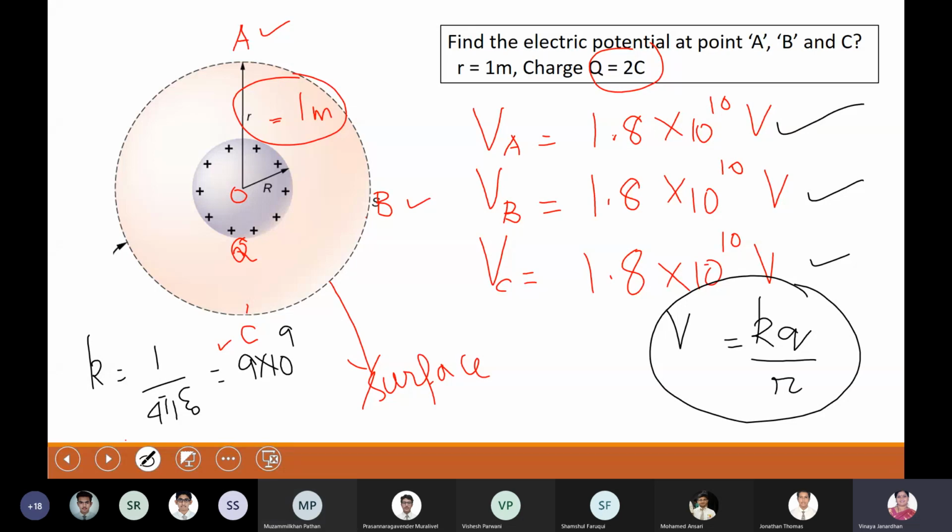Either you can put it in terms of volt meter per coulomb, or you can have it in terms of Newton, or in terms of electric field intensity. I'm having the unit of K in terms of voltage. Can you calculate VA? I have calculated and given the value. Just can you calculate what is VA?